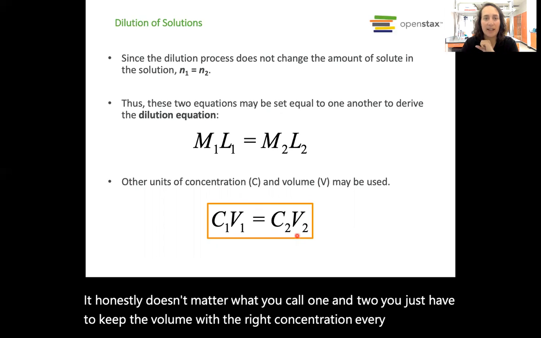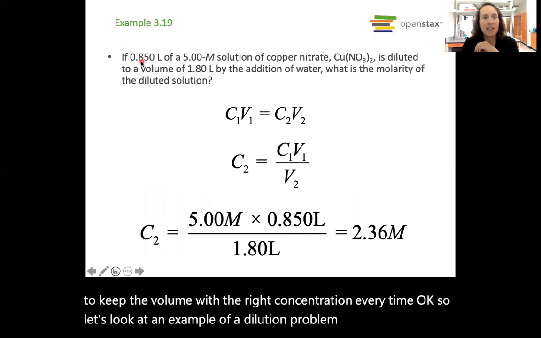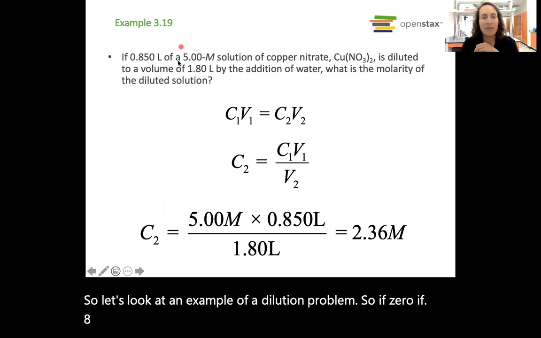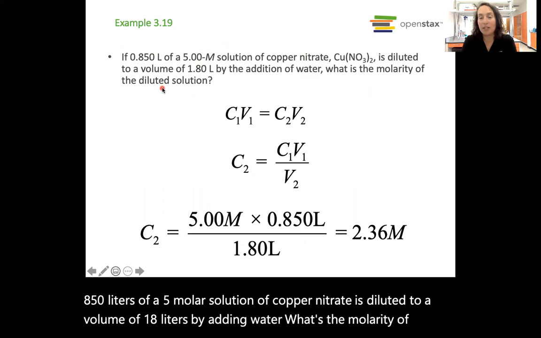Let's look at an example of a dilution problem. If 0.850 liters of a 5 molar solution of copper nitrate is diluted to a volume of 1.8 liters by adding water, what's the molarity of the diluted solution?